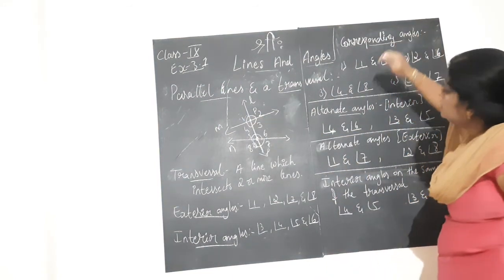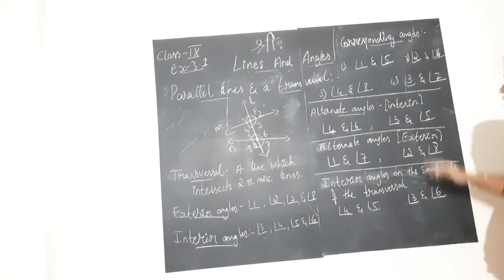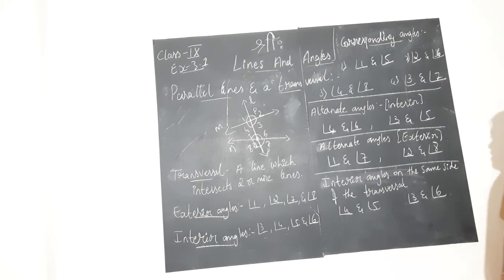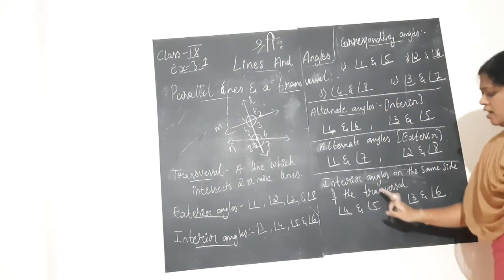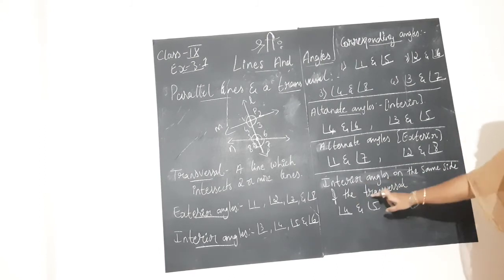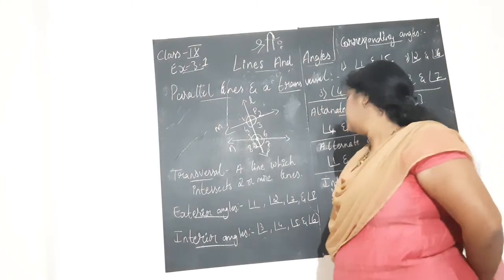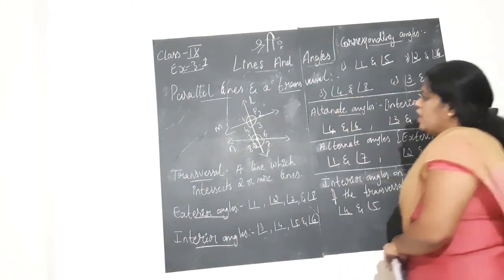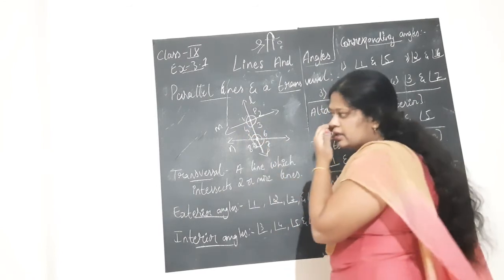Next we have corresponding angles and alternate angles. In alternate angles you have both interior and exterior angles, children. Before explaining this, I will explain the last part, that is, interior angles on the same side of the transversal. Just now we learned which are interior and which are exterior angles. Now angle 4 and angle 5 are interior angles, correct?